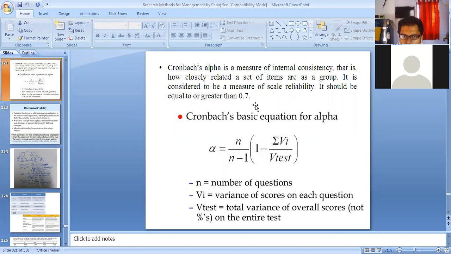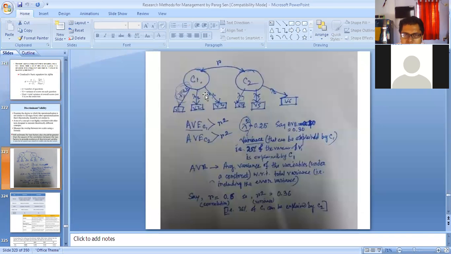If the score is 0.7 or more, you can conclude that the internal consistency is very good. That means you are checking how closely these variables are related to form a group, which is this construct C1. You are measuring that through Cronbach's alpha.